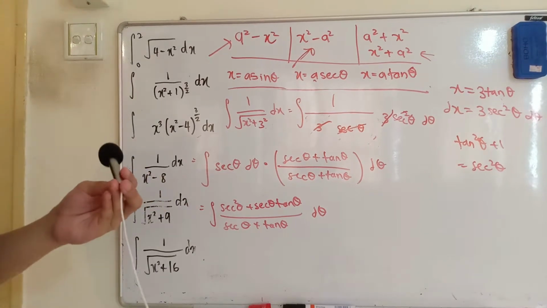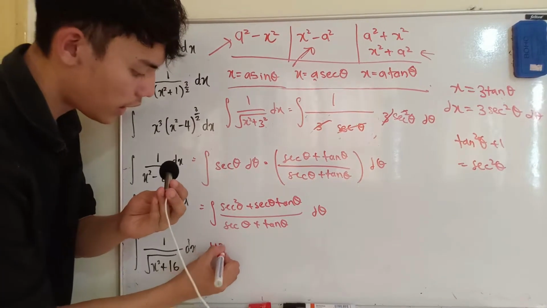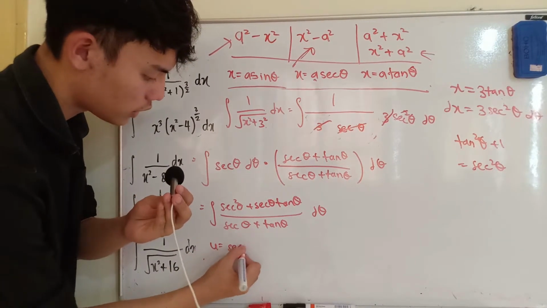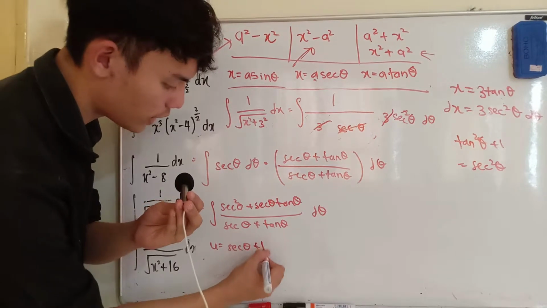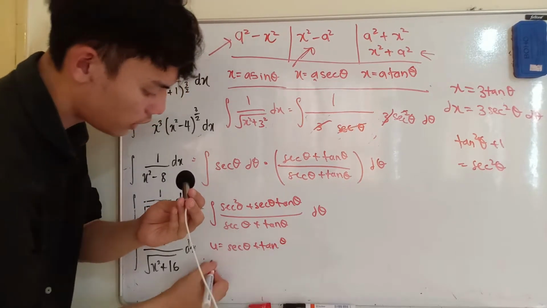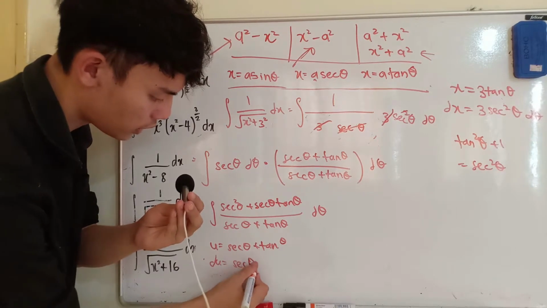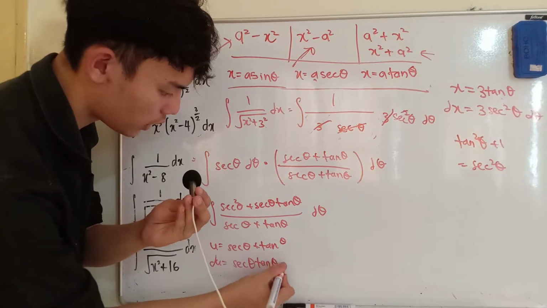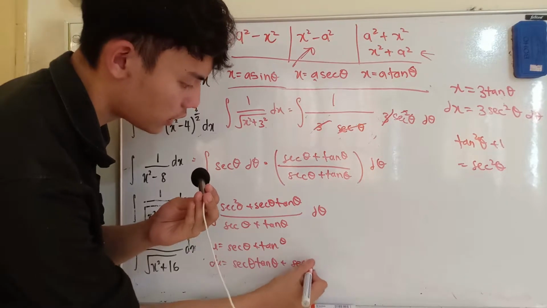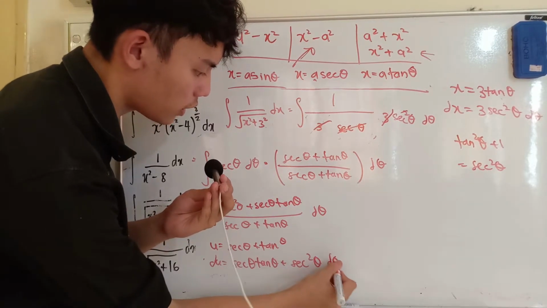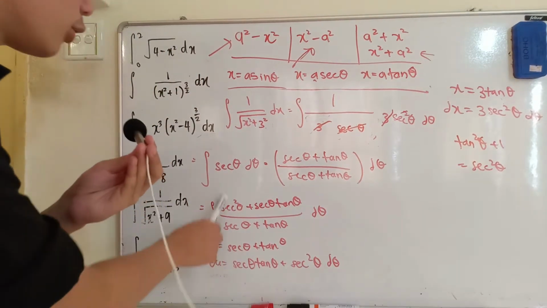After that, you're going to let u equal your denominator, always your denominator. And your du right now is going to be secant theta tangent theta plus secant square theta d theta, which is your numerator.